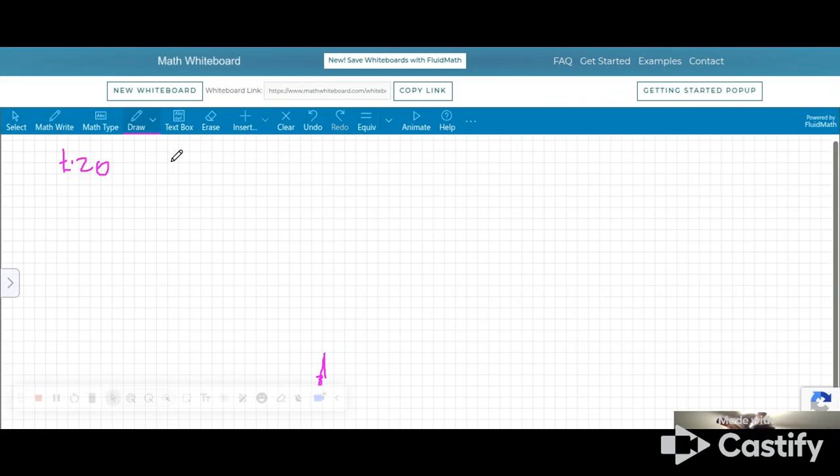The formula was t is equal to e to the 20 minus 3 over 5, and then minus 2. And that's e to the 17 over 5 minus 2.